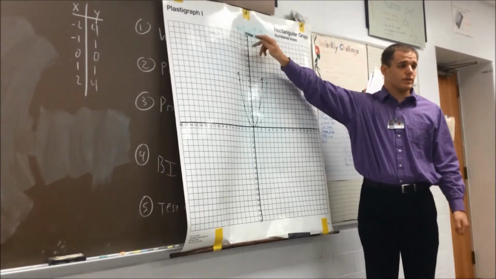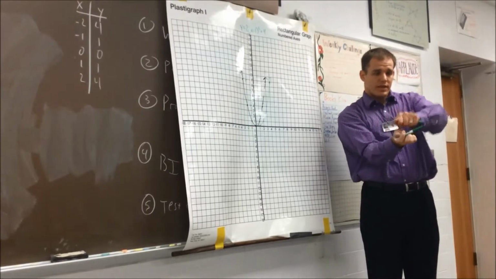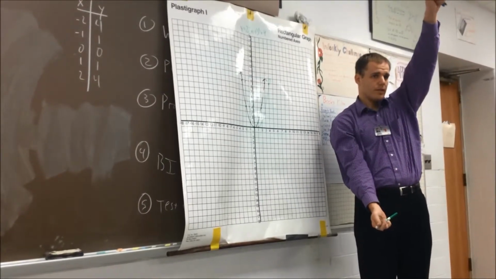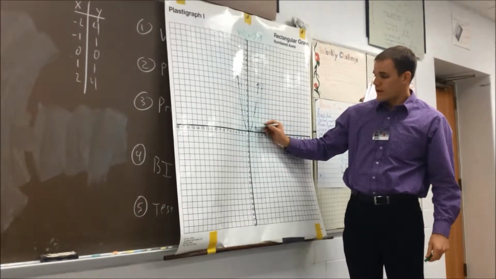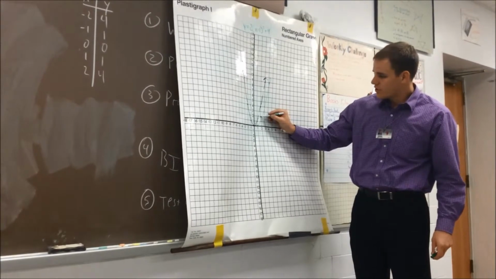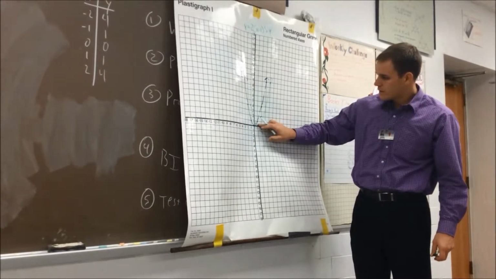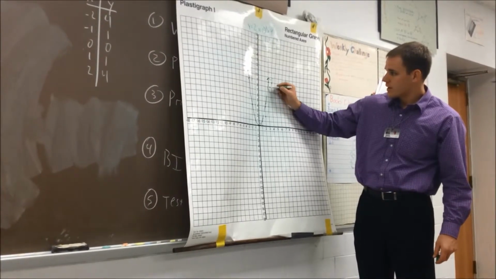The 2 in front. What does the 2 make it do? Stretches it. We're multiplying everything by 2. So instead of going up 1 here, we're going to go up twice as high. We're going to go up to 2. Instead of going up to 4 here, we're going to go up to 8.